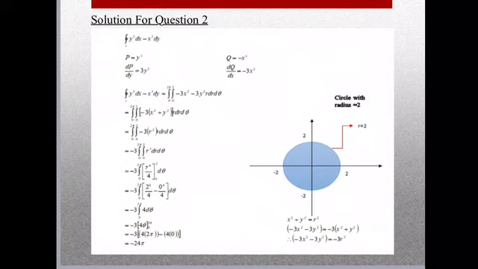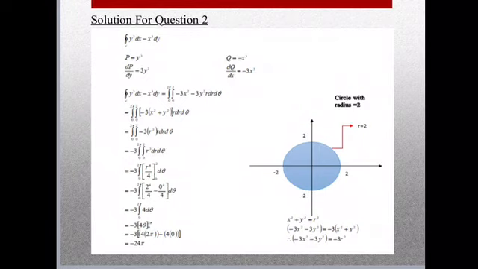As you know, x squared plus y squared is also equal to r squared. We simplify the equation, and it will give us negative 3r cubed dr d theta, with r limit 0 to 2 and theta limit 0 to 2 pi.